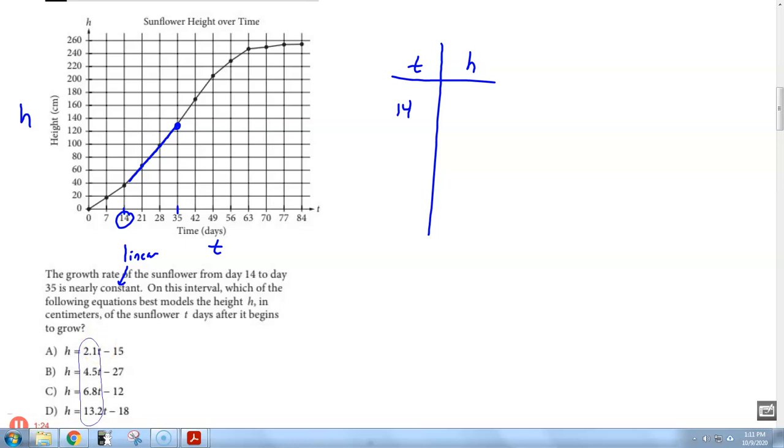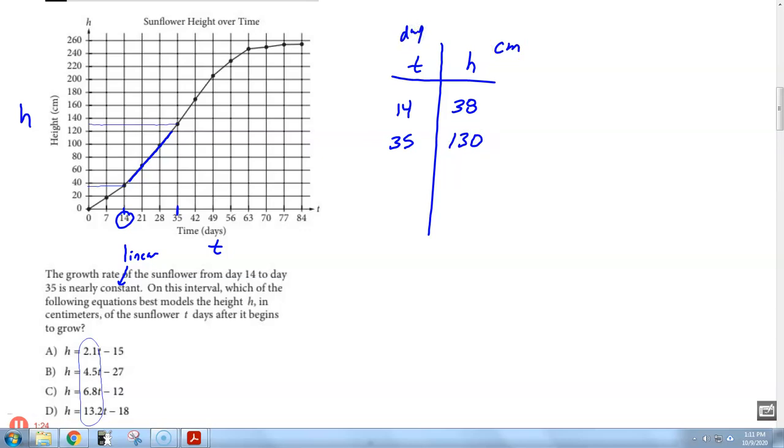So I think I can ballpark this, looking somewhere over there, maybe we'll call it 38. Hopefully that's good enough. Then I'm going to come over to this dot, to get a better idea of where it is. It's almost in the middle, so I'm going to call it 130. I think that's good enough. So at day 35, we are at 130 centimeters. These are centimeters, these are days.